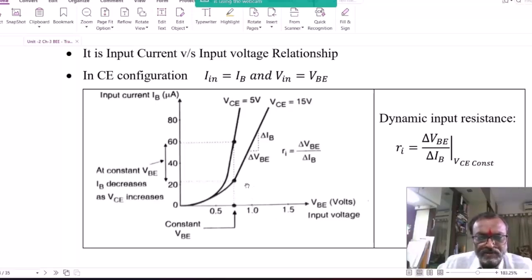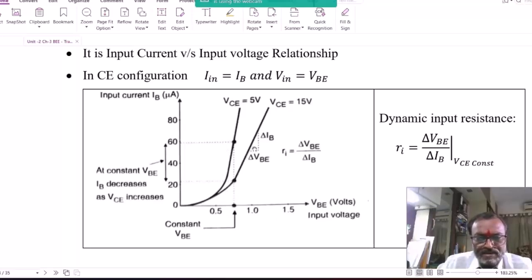So if you see, the slope of these lines in the linear region is given by Ri equal to delta VBE by delta IB at constant VCE. So we can take constant VCE here on the x-axis and we will find out the delta IB.